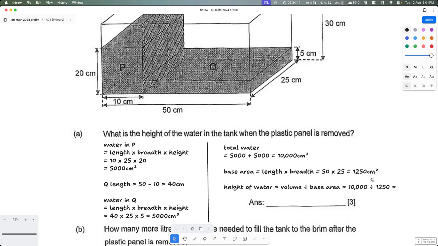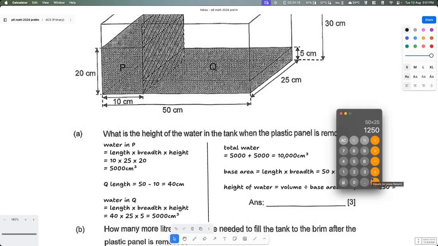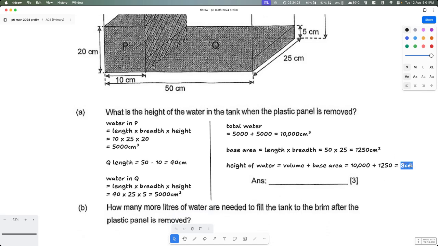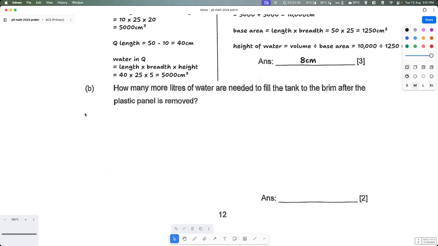This will give us 8. Here you go, 8 centimeters. So the answer to this is 8 centimeters. So that's the answer. All right, let's move on to part B.